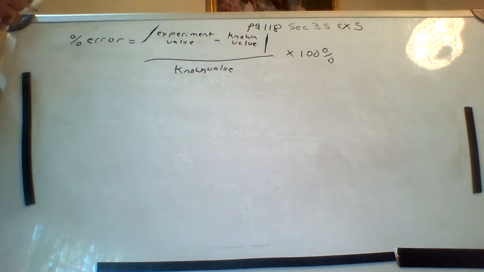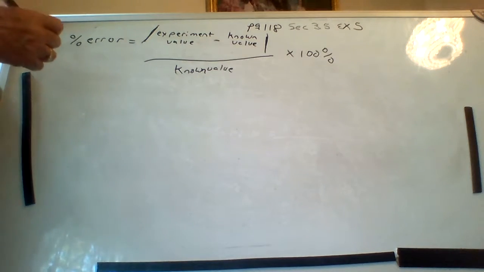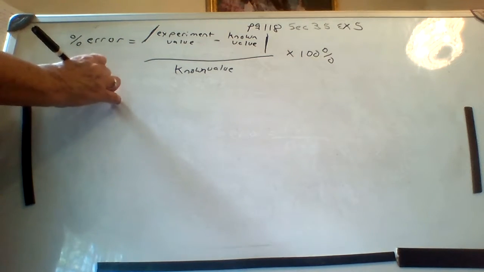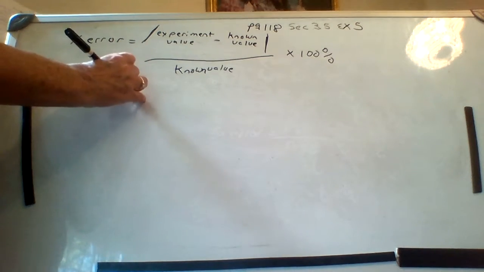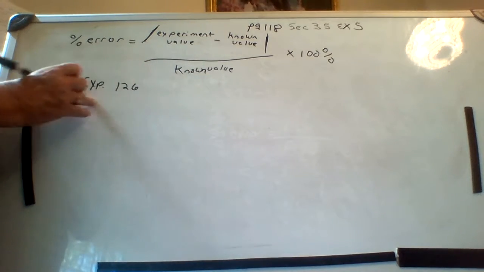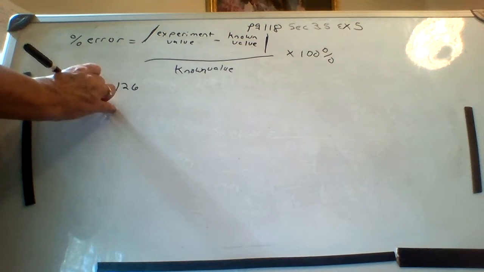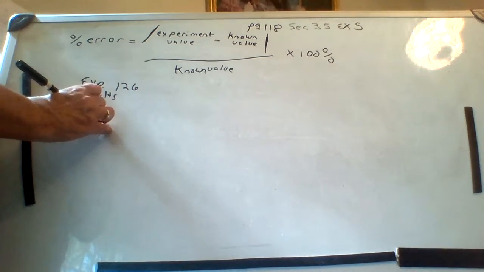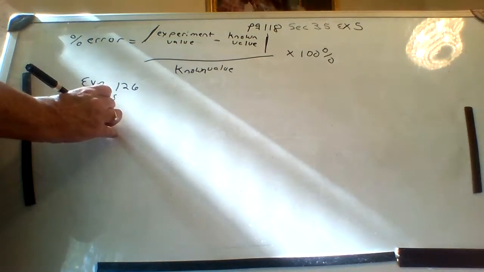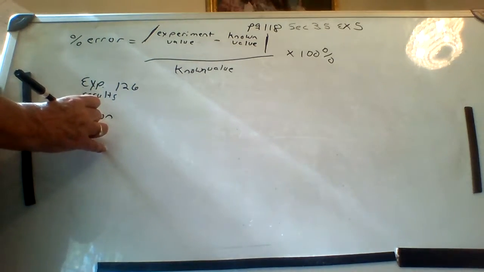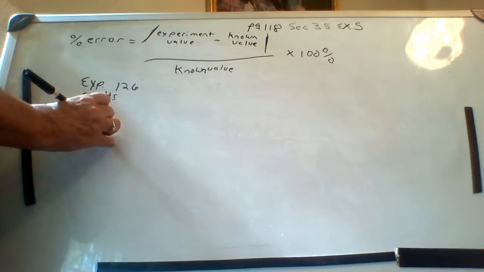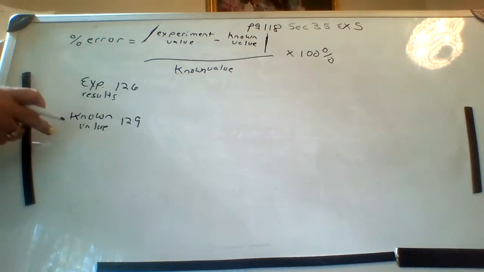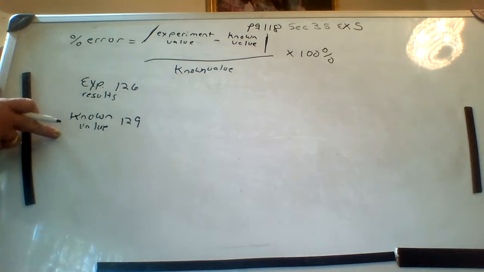If an experimental value is 126, so if they did an experiment and they got a value of 126 when they got done, this is the result of the experiment. But the known value, and I'm just going to give them to you, you don't have to know what the experiment actually was, the known value is 129.